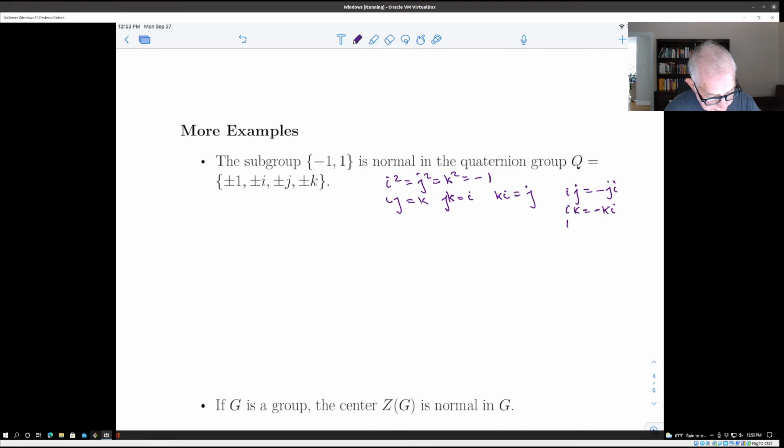And I guess the last one is kj is minus jk. So the i's and j's anti-commute, and then there's this cyclic relation among them, and you have to keep track of the signs.